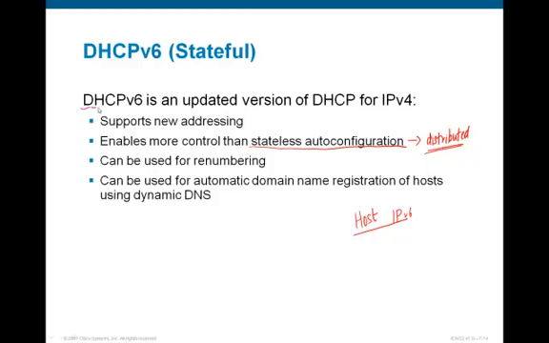That's why DHCP, which was originally created for IPv4, is still being updated to support IPv6, because even though IPv6 has the stateless auto configuration feature, it lacks the ability to provide centralized control like DHCP allows, whereby you have a centralized server or device that controls who gets what IP address.